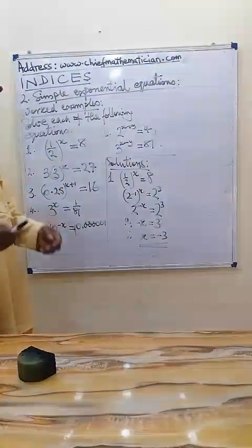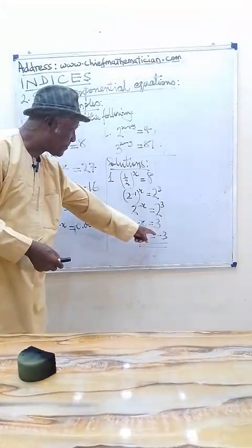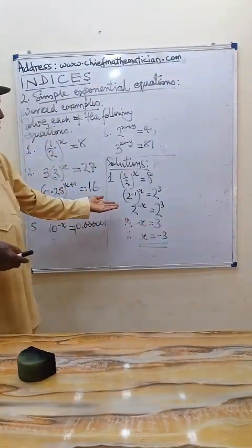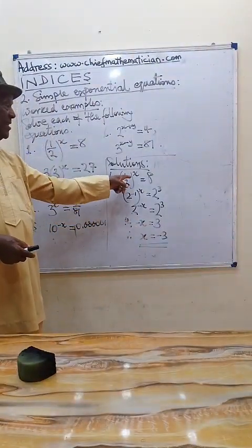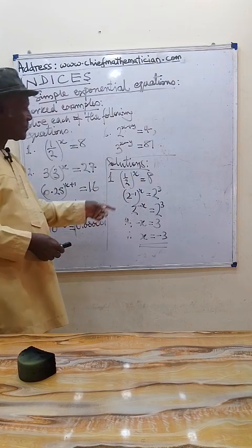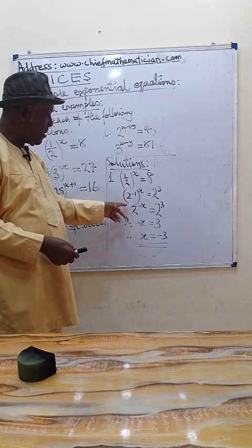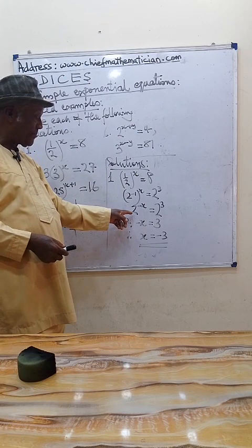Now, what do we do? If x is equal to minus 3, bring it up here.